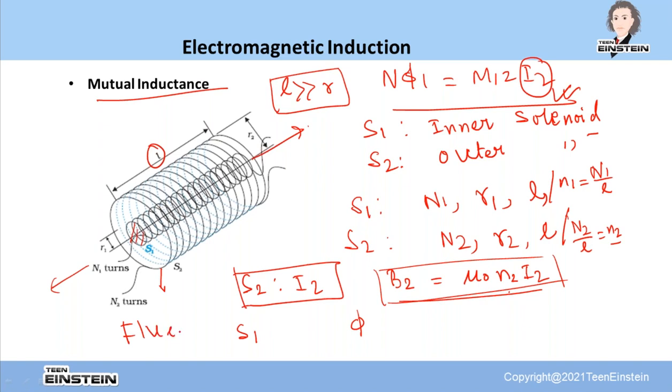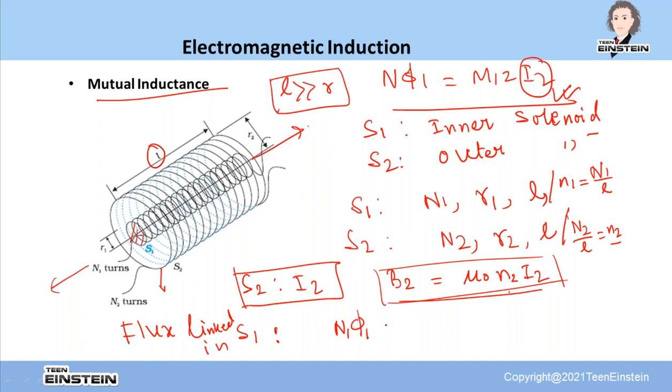So the flux linked in S1 will be, with N1 number of turns, phi 1. We know this is directly proportional to the current.